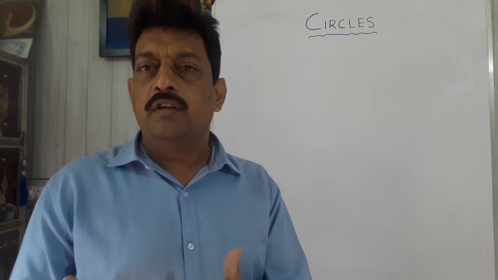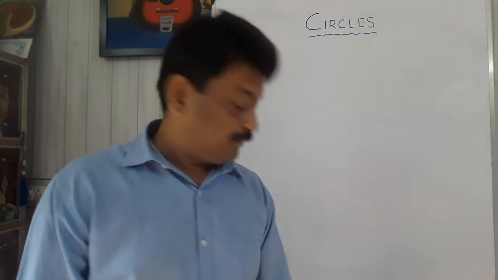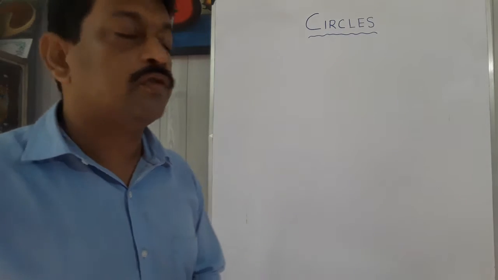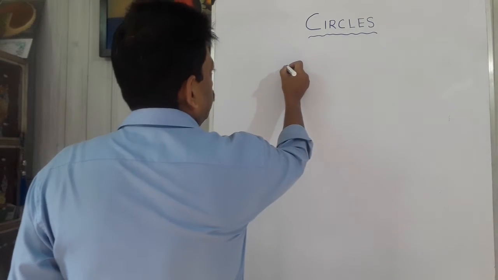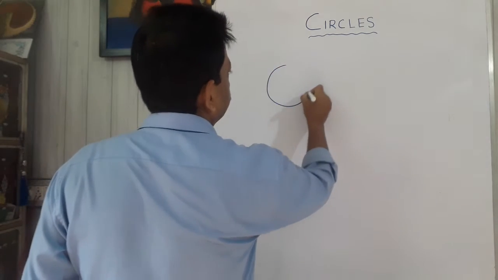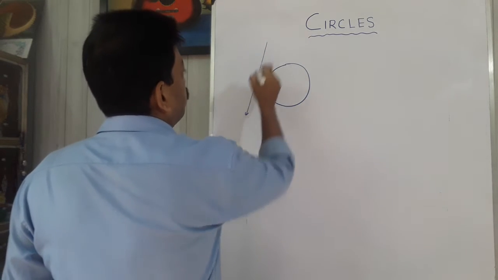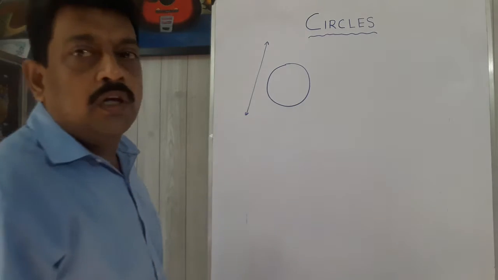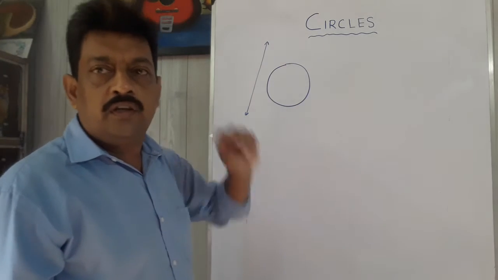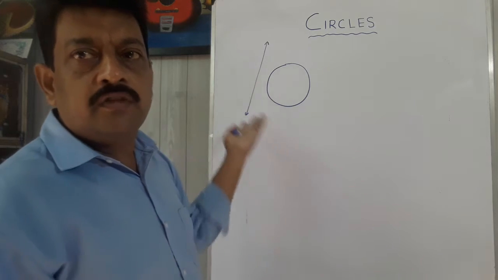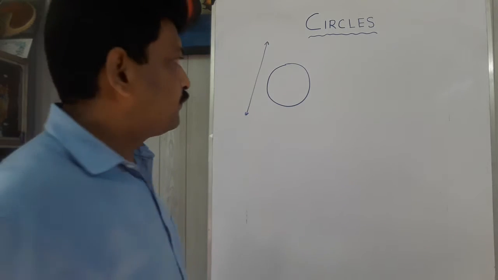Another property of circle. See, I am giving you different situations. This is the first situation where there is a circle and a line is passing without touching or intersecting the circle. Here this line is simply a straight line.